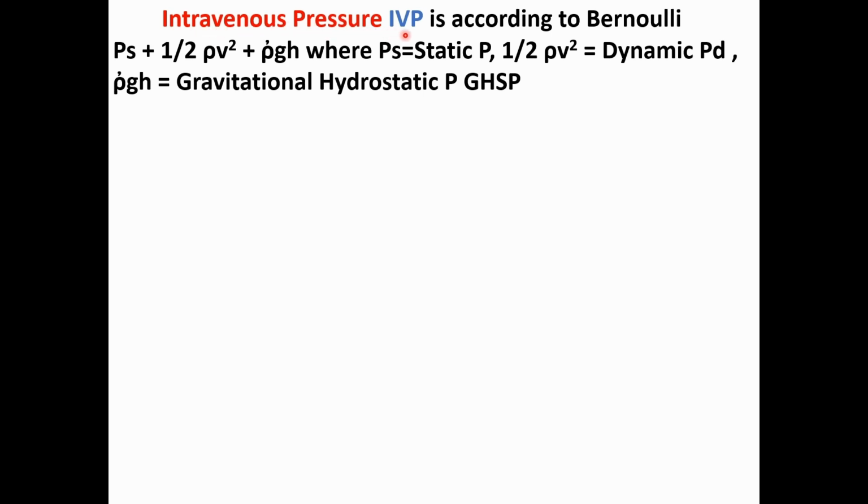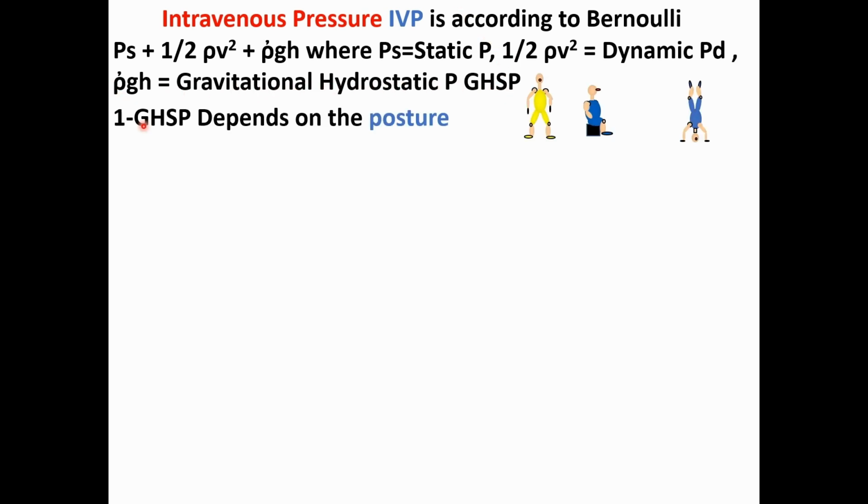Intravenous pressure, IVP, is, according to Bernoulli, PS plus half rho V2 plus rho GH, where PS is a static pressure, half rho V2 is dynamic pressure, and rho GH is gravitational hydrostatic pressure. Gravitational hydrostatic pressure depends on the posture.